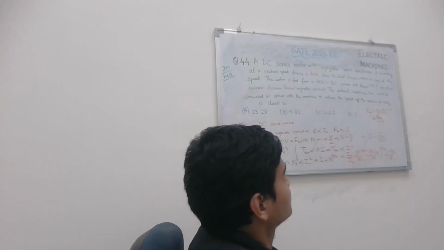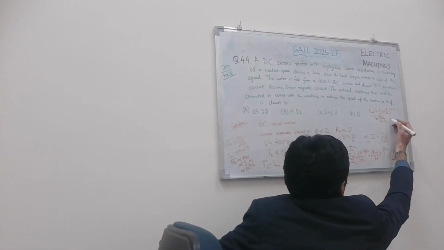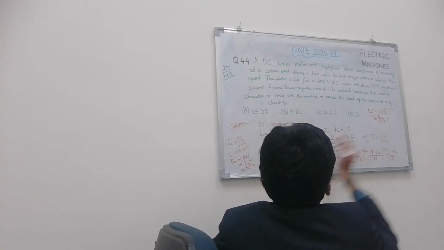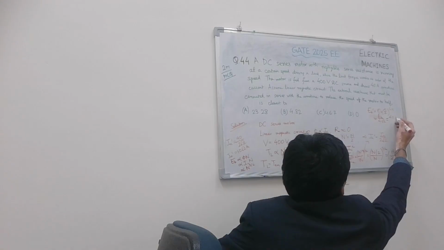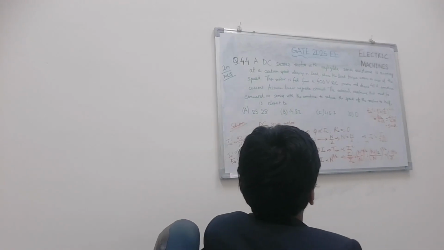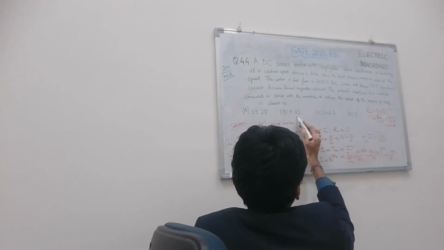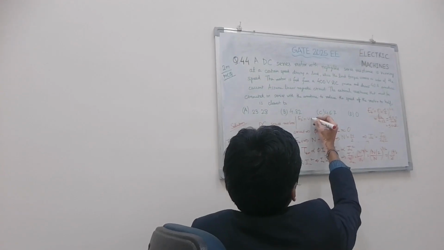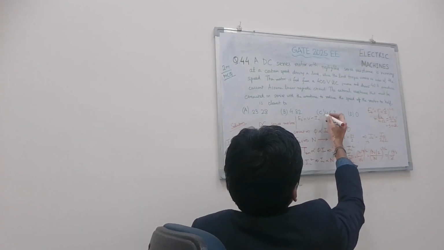Putting the value of Eb initially, it is 400 volts. So finally it becomes 400 by 4 root 2, that is 50 root 2. So we can find the current as Eb prime equal to V, the terminal voltage that remains unchanged, minus Ia prime times R external.